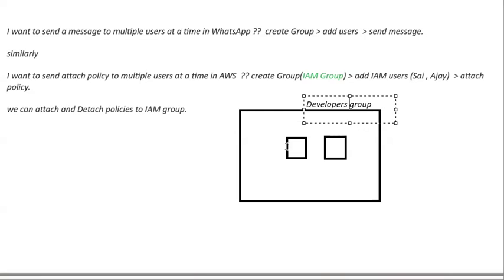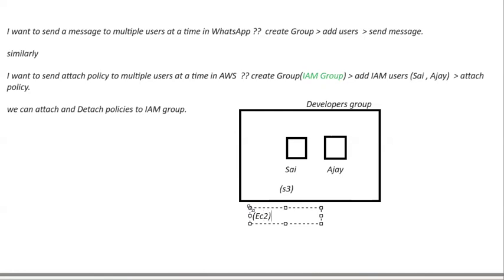Now, initially, there are two users, right? I added Sai and I added Ajay as well in the group. Now, for this Sai, already S3 permission is attached. Now, for this group, I attached EC2 permission.